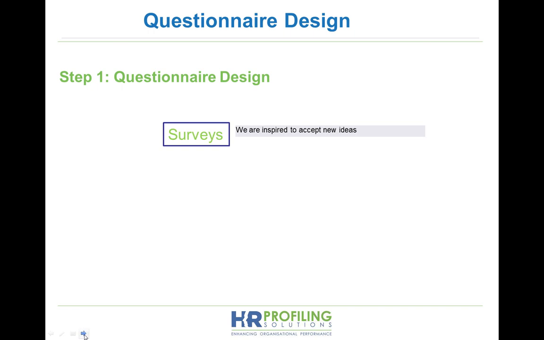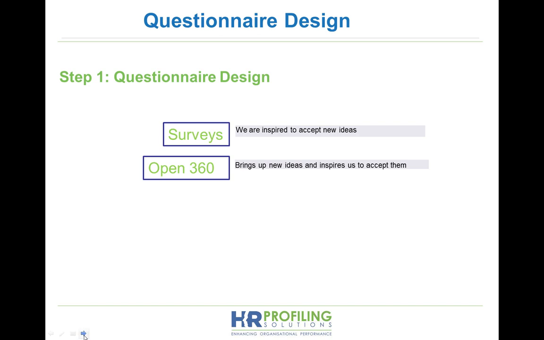One of the key things we're going to measure is we are inspired to accept new ideas. So we've designed that as a climate survey. We are then going to reword it into the Open 360, so it brings up new ideas and it inspires them.